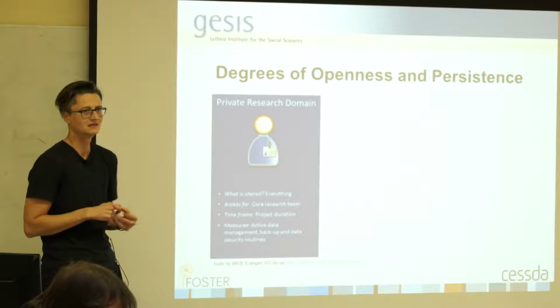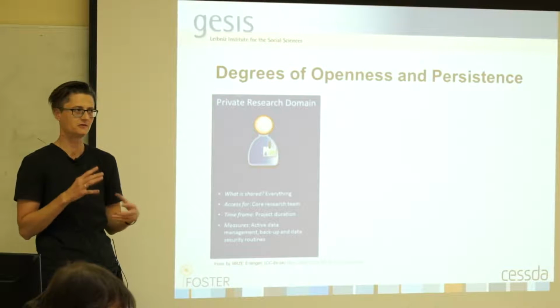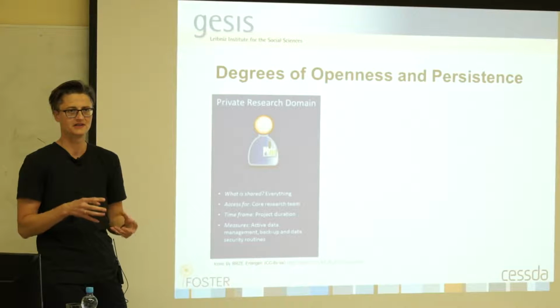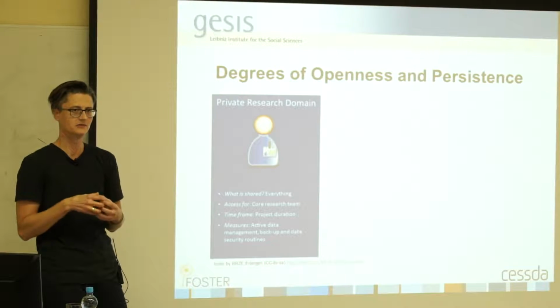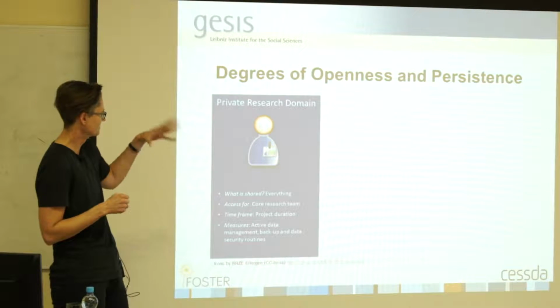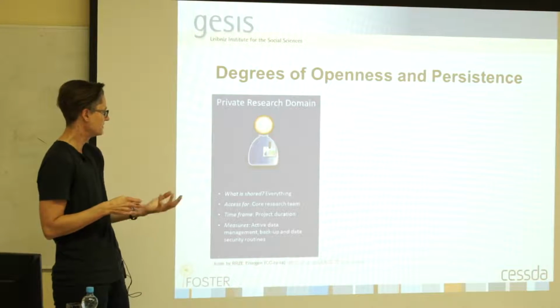But generally in the primary research group, probably all of the information, all of the data is shared with everyone in that tight primary group. So in the private research domain, pretty much everything is shared.